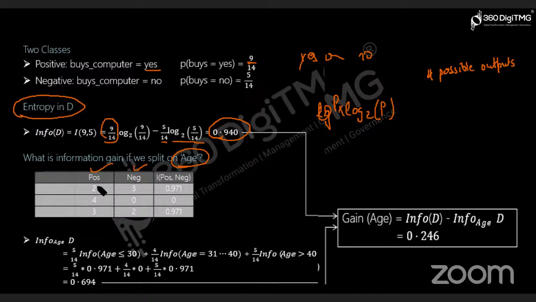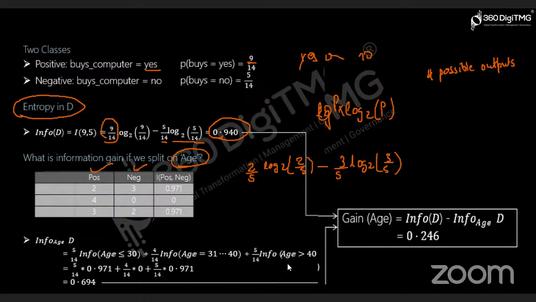So you find the probability of having positive, multiply it by log base 2, and then subtract the same for the probability of having negative.